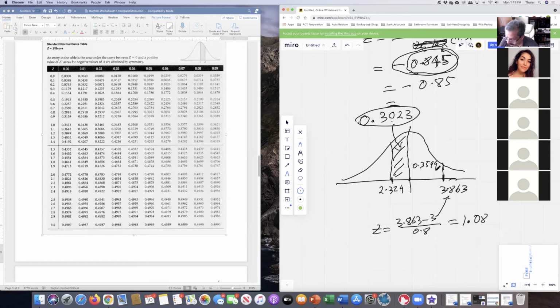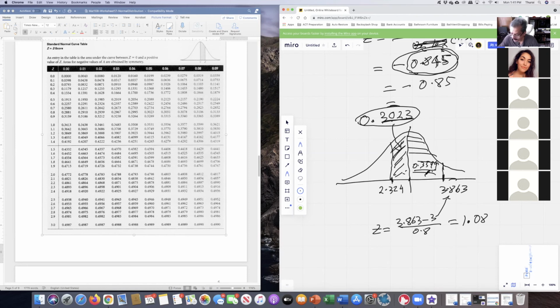Okay, so what do I do to answer the question? Add 0.3023 plus the one that we just found. This area is equal to 0.3599, and this area is equal to 0.3023. You just have to add them to find the area between those two numbers.